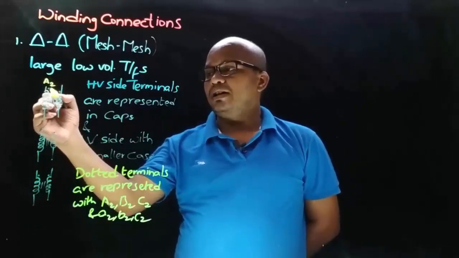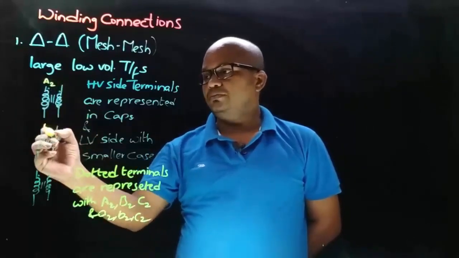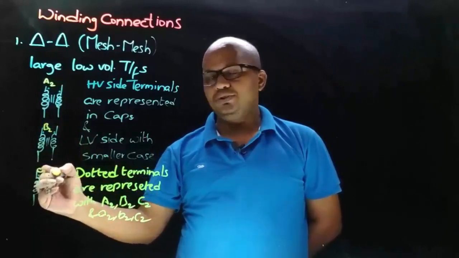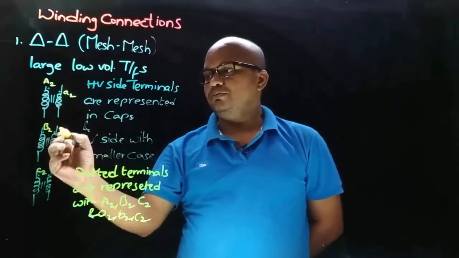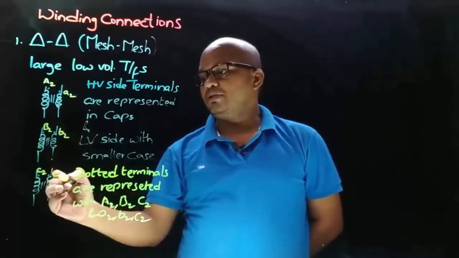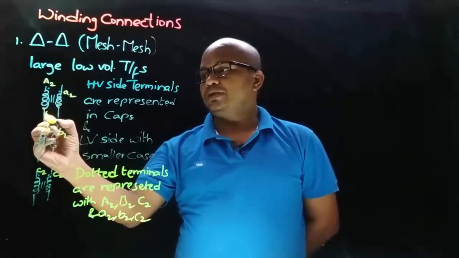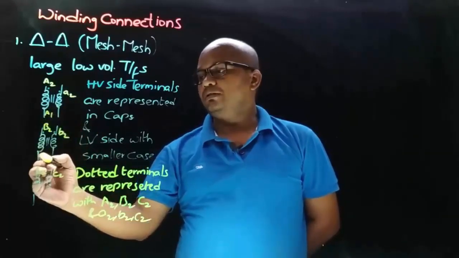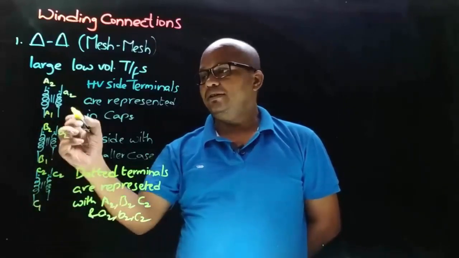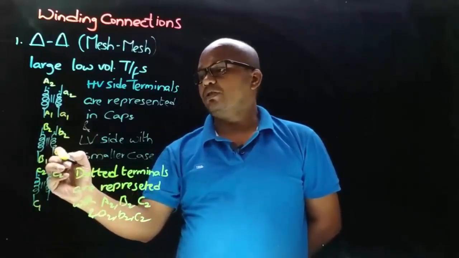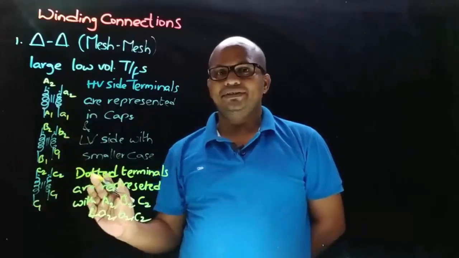So according to this, the dotted terminals are given A2, B2 and C2 notations, and on secondary side small a2, small b2 and small c2, and non-dotteds obviously capital A1, capital B1 and capital C1 on primary side, small a1, small b1 and small c1 on secondary side.